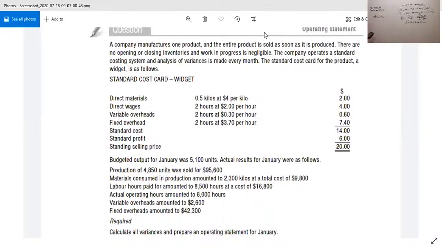We can see 2 hours, each at $2 per hour, giving us a total of $4 for every unit.